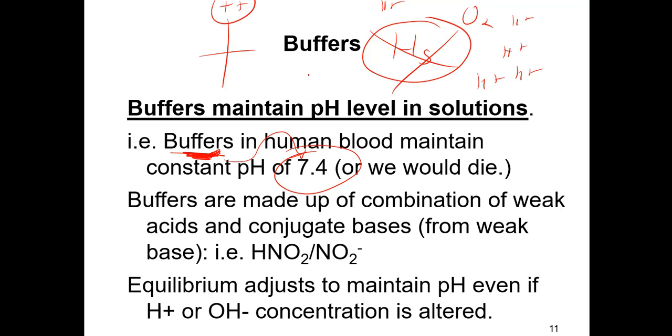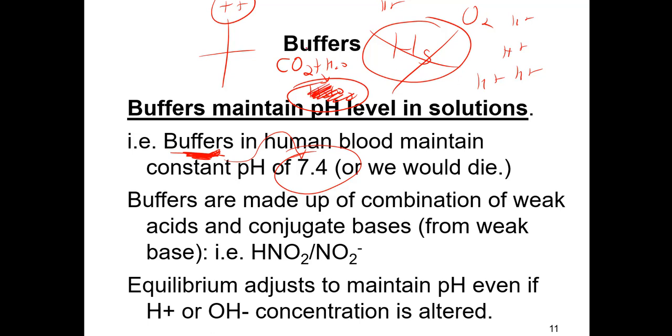Why would your blood change to begin with? Well, if you remember, carbon dioxide, when it's exposed to water, likes to form an acid called carbonic acid, H2CO3. It's one of the ones you now have to memorize. And that can acidify your blood. But the buffers in your blood help neutralize that carbonic acid.